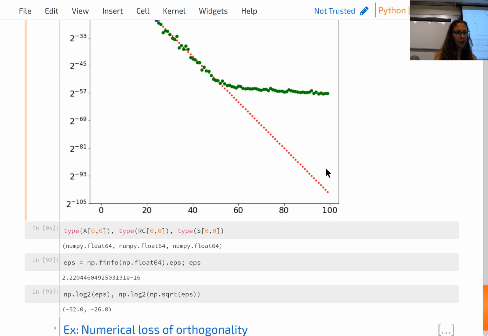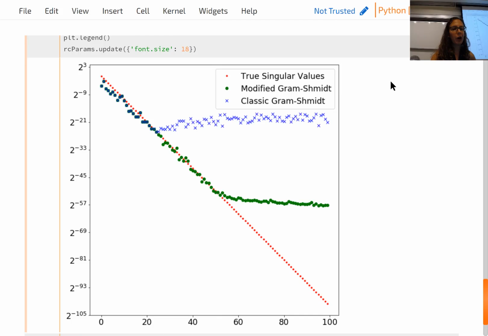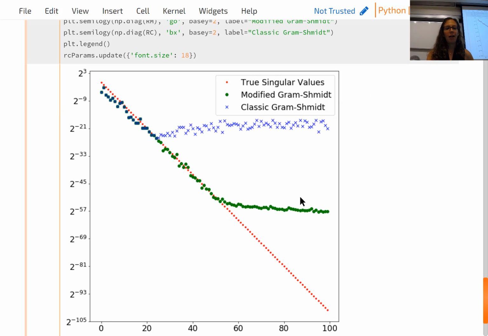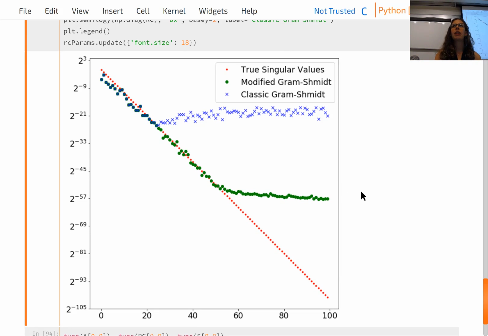And if we were to do Householder on this graph, it's basically the same accuracy as modified Gram-Schmidt, so it levels off at the same place. I had it on here at one point, but it's harder to read. But for this example, in terms of accuracy, Householder and modified Gram-Schmidt are giving you the same thing.